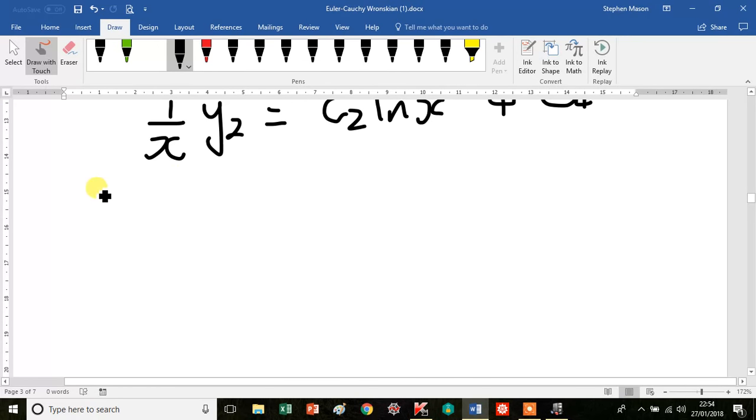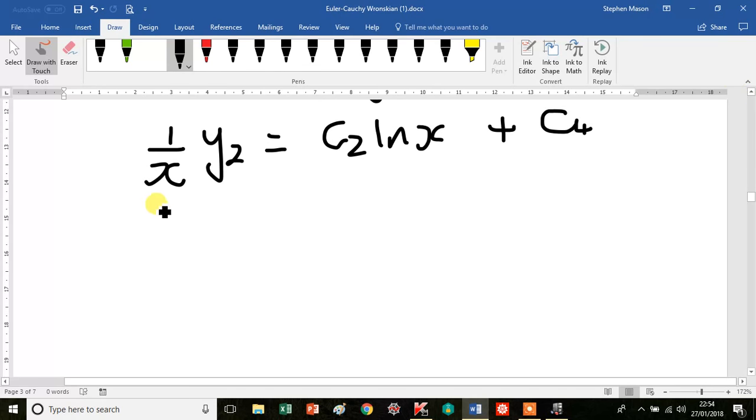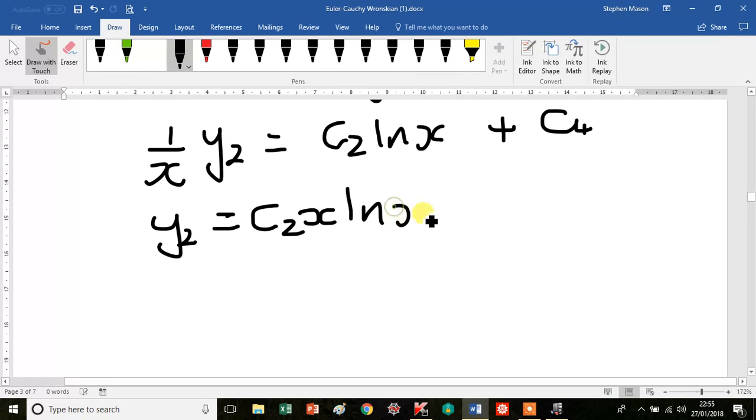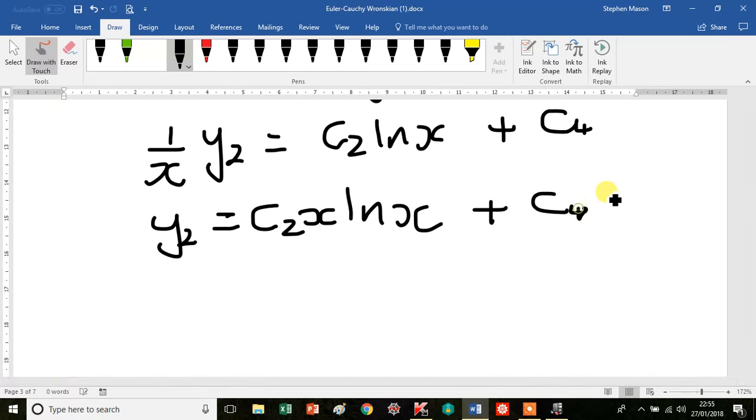So if we multiply both sides by x, we get y2 equals C2 x log x plus C4 x.